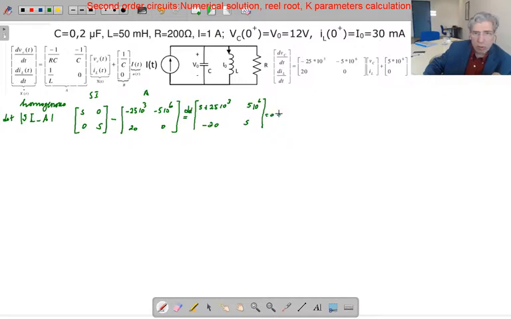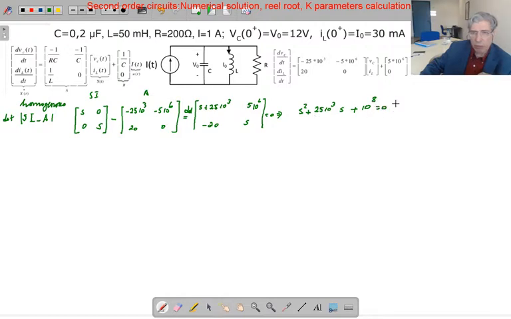Then S squared plus 25 times 10 to the power 3 S, the multiplication of those two, minus this, there is a minus here, so it is going to be plus 10 to the power 8, sorry, 20 times 5 is 100, times 10 to the power 6, equal to 0.